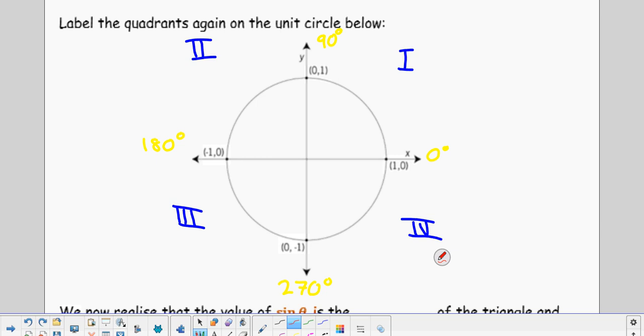Radians. 0 radians, 2 pi, 3 pi over 2. I keep forgetting 360 going in this direction, isn't it?